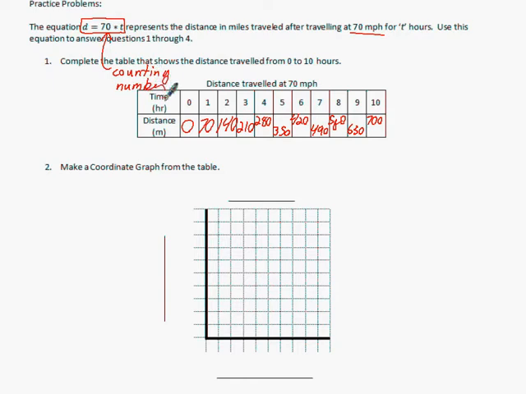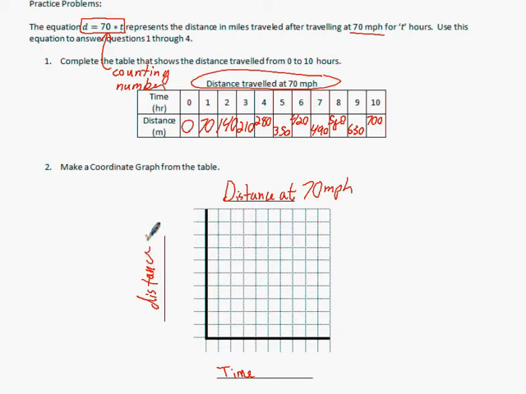Alright, now we're going to make a coordinate graph from the table. So, stealing the title, distance at 70 mile per hour. Time is our independent variable. Distance is our dependent variable.